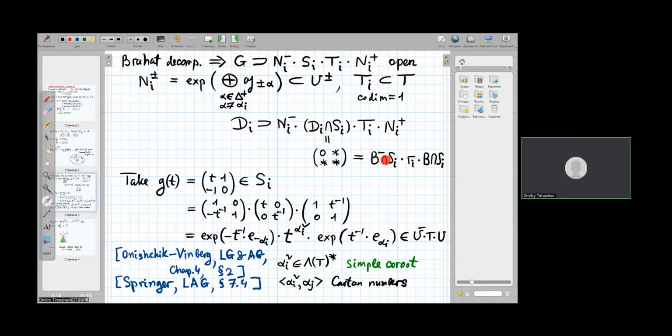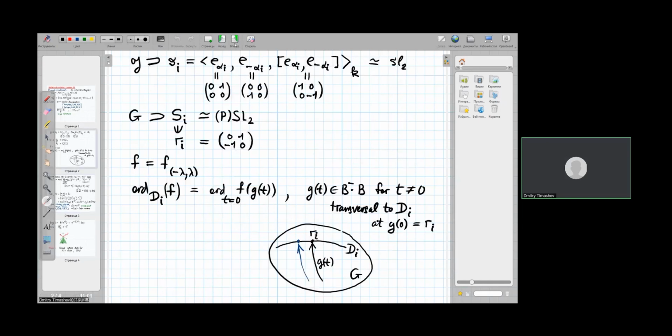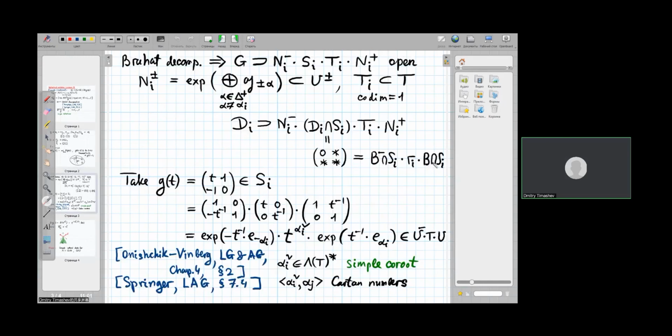So what is Ri? We have already seen. It is this matrix. And the intersection on the right is the Borel subgroup of upper triangular matrices. So you have something here, something here, something here, and zero here. And the product.